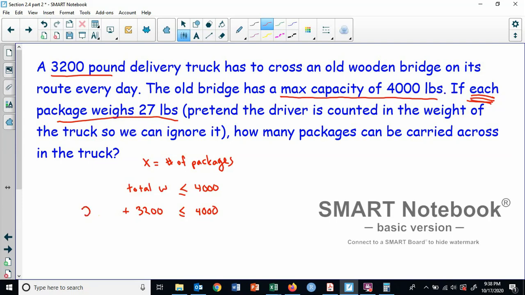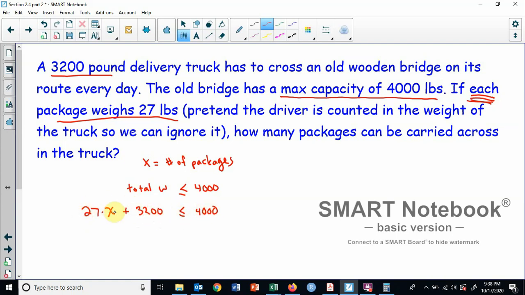So if I have a package, it will weigh 27 pounds. If I have 2 packages, we will be adding 2 times 27. If I have 3 packages, we will be adding 3 27 packages. So the way we write this is 27 times x plus 3,200, because that's just the weight of the truck, is less than or equal to 4,000.